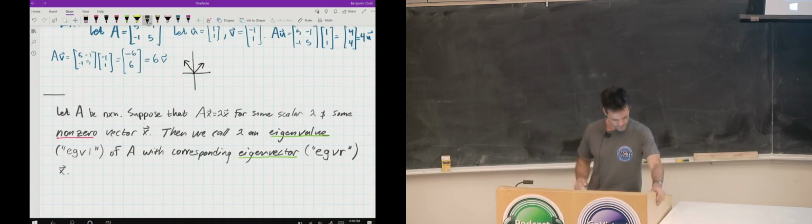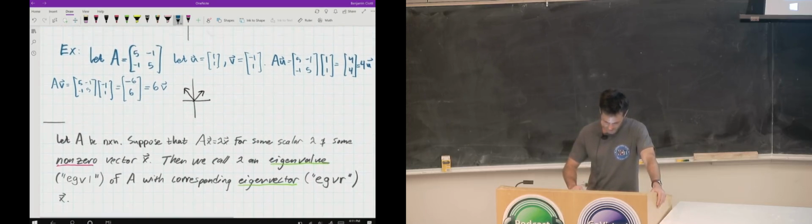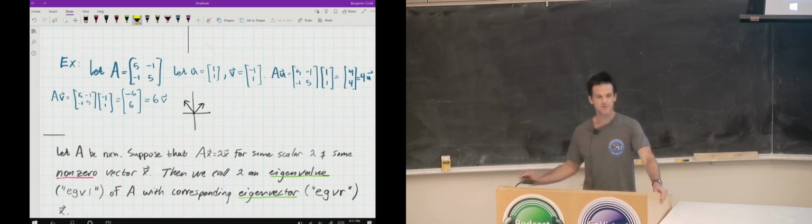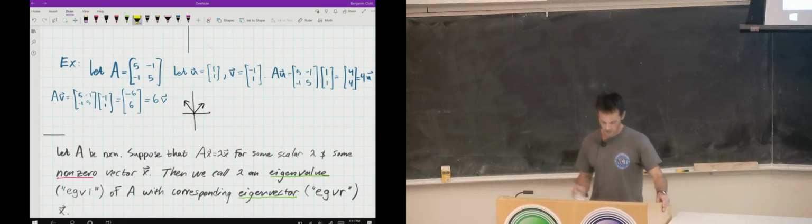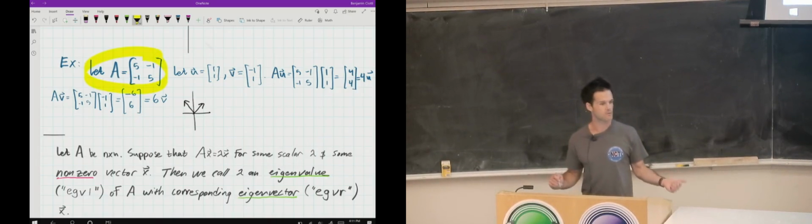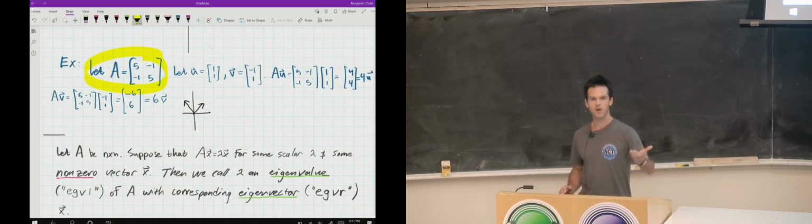So in the example above, let's go back up to this example. Someone tell me, in this example A, what was an eigenvalue? 4 and 6. 4 and 6 were both eigenvalues.